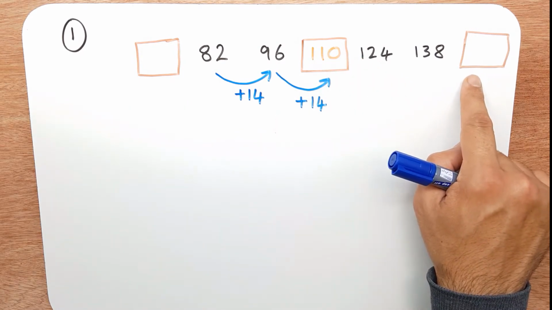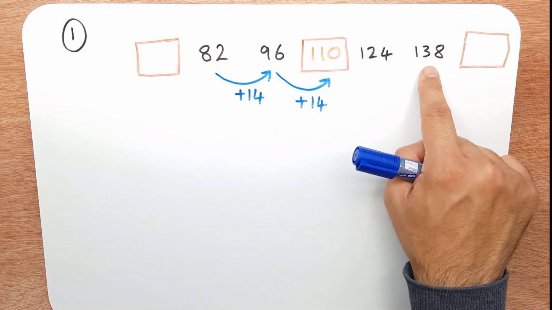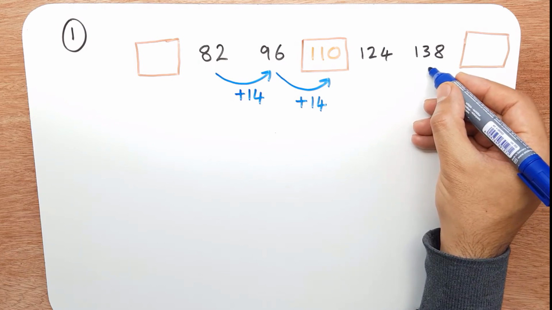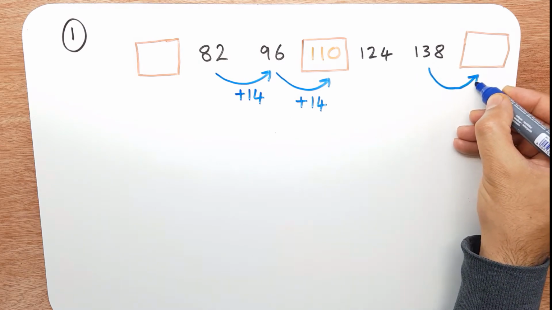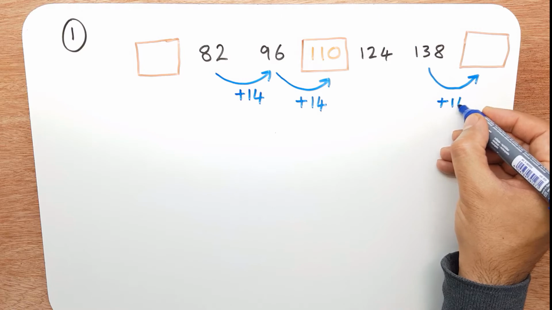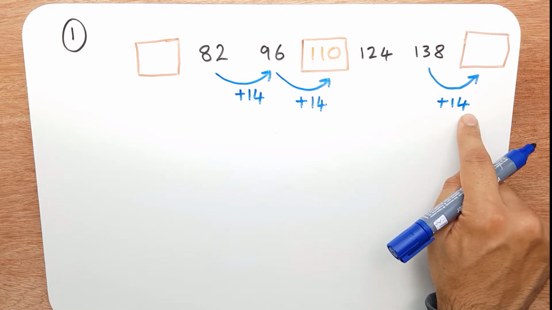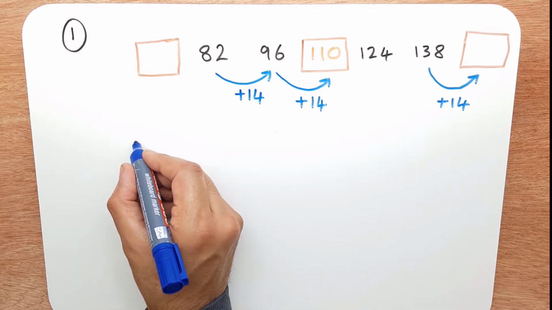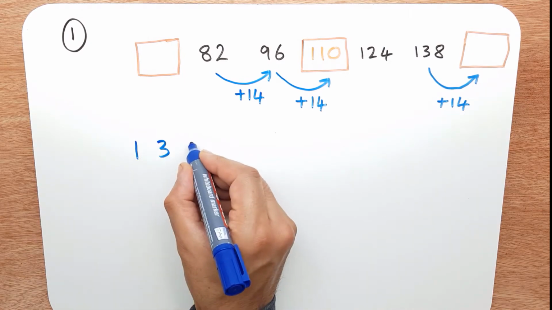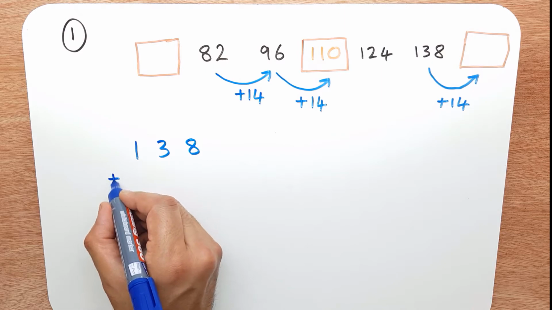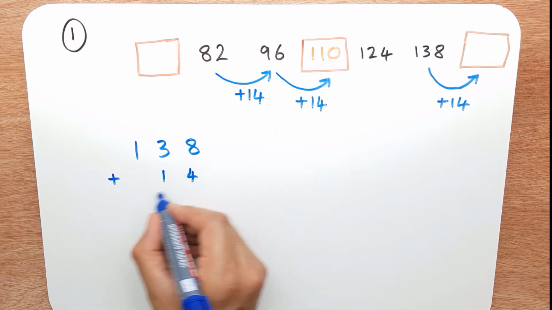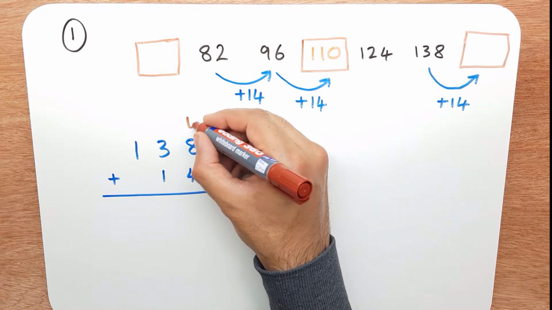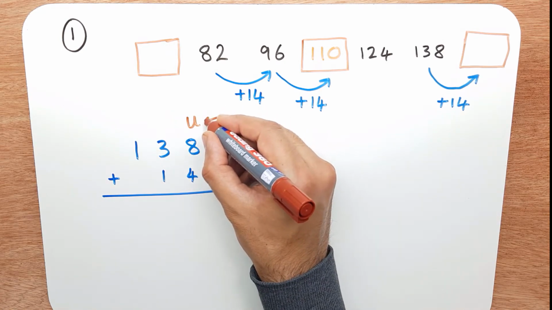So in order to find this number, we need to add 14 to 138. So 138 add 14. That is our next calculation. So we go here, do the same thing. 138 add 14. As before, this is our units column or ones.